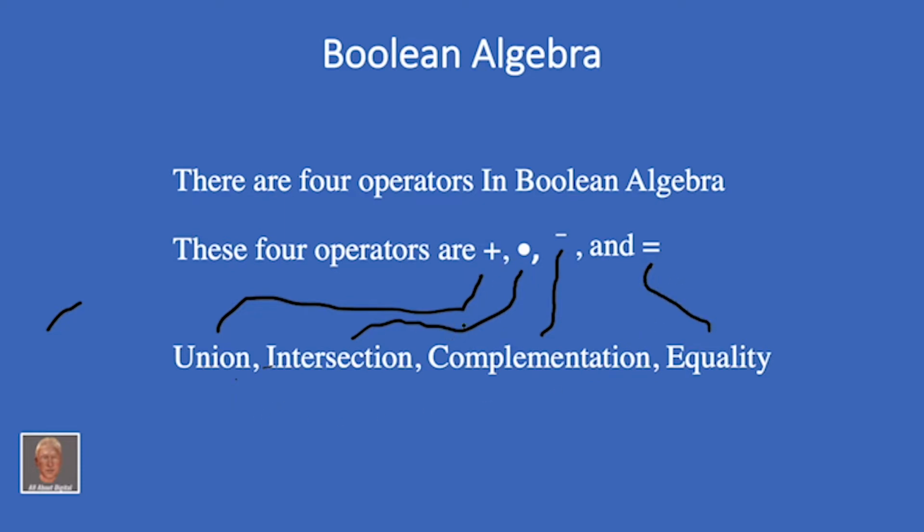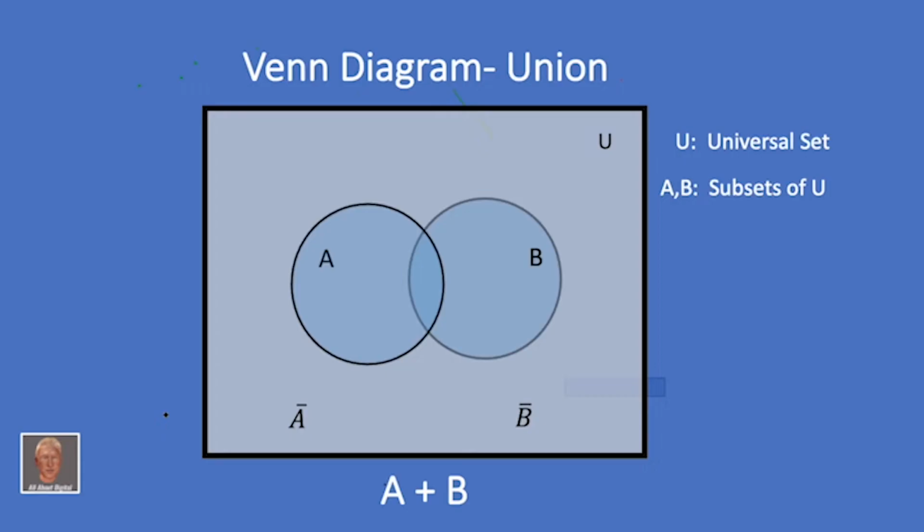Okay, the union is not the normal sum that you'd find in normal algebra. It's not the modulo 2 sum. It's just a Boolean deductive logic sum. Let's look at a Venn diagram and show what 2 functional elements would look like in a Venn diagram. The U is the universal set of functions. A and B represent subsets within that function.